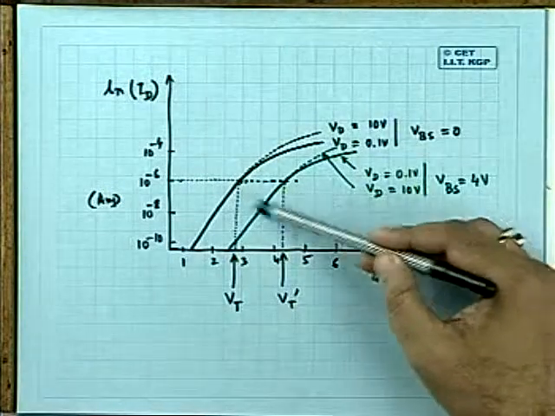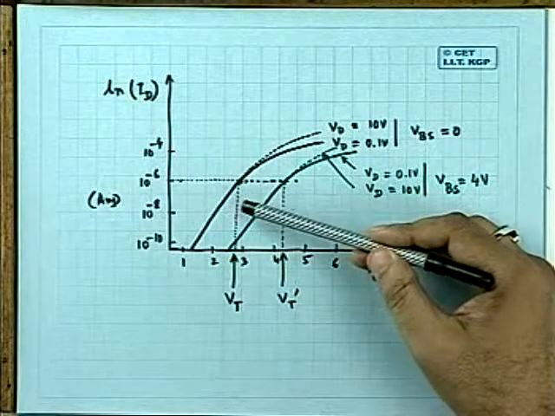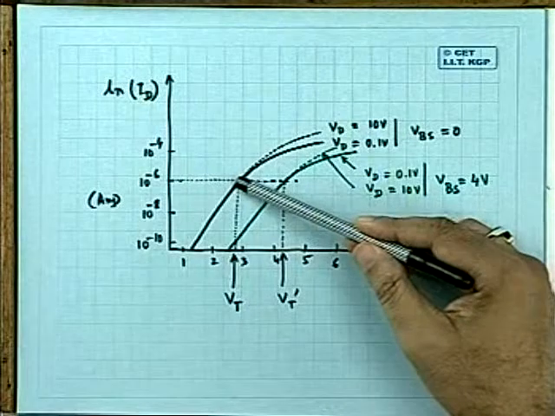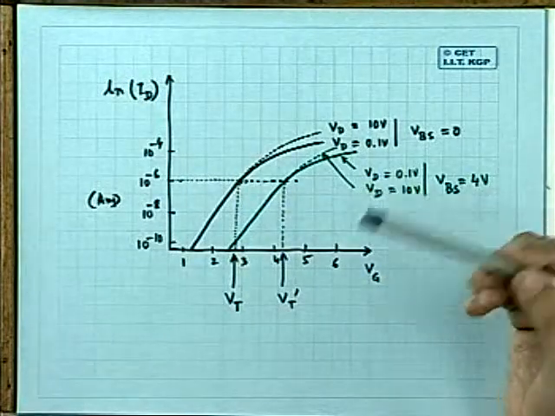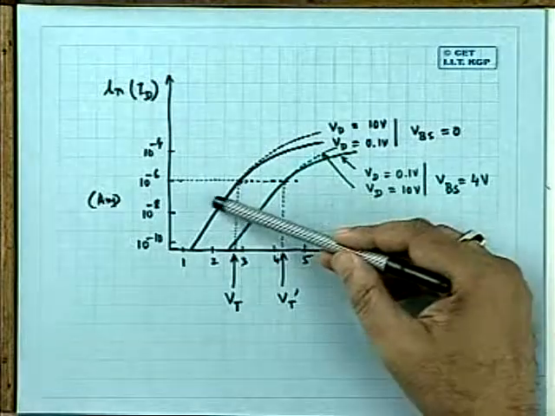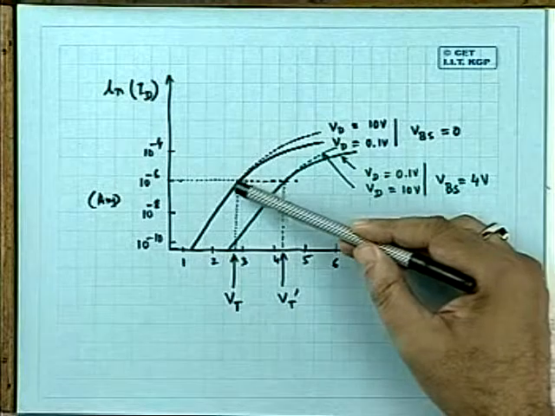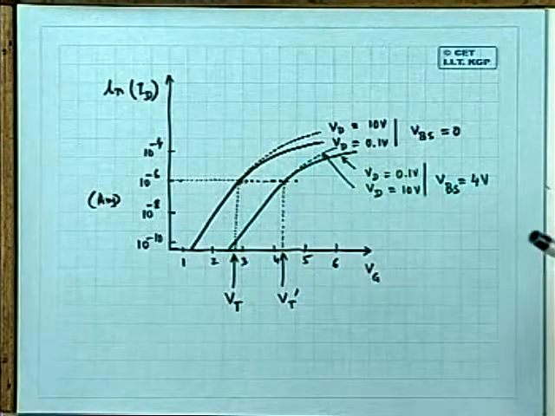It is the gate voltage at which the current crosses a certain minimum value, maybe a microampere or 10 minus 7. Say old devices, we used to define it as 1 microampere level. In modern devices, we define it as 10 minus 7 or 10 minus 8 ampere level. The voltage at which the current crosses, that is called threshold voltage.